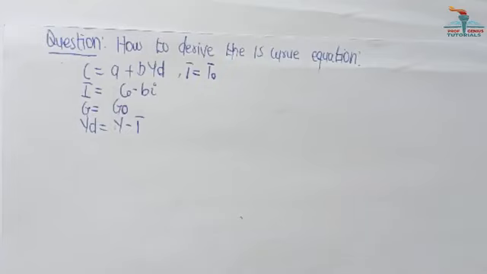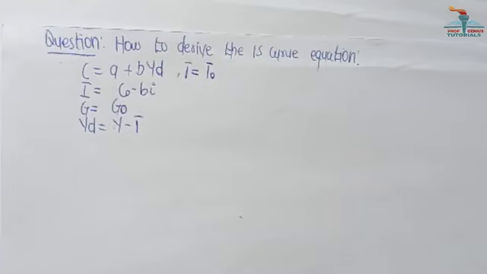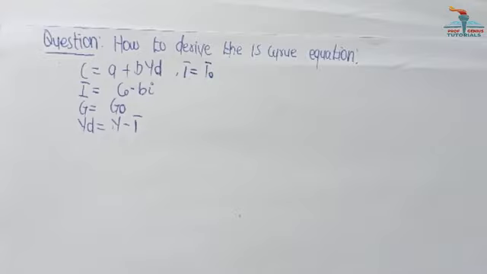A closed economy is where we only have the household, the firm in the domestic territory of that state, and the government activities. Meaning that we don't consider our export and our import. That is trade between two or more countries. We don't consider it.